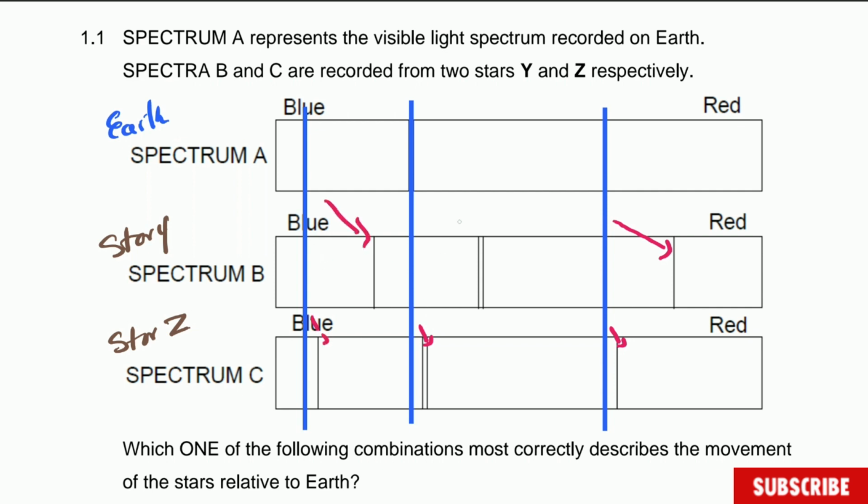All the lines shifted from the Earth to the red. It means that they're moving towards the lowest frequency color, so they are moving away from the Earth. Both of these two stars are moving away from the Earth.